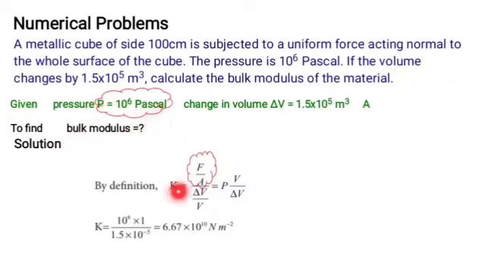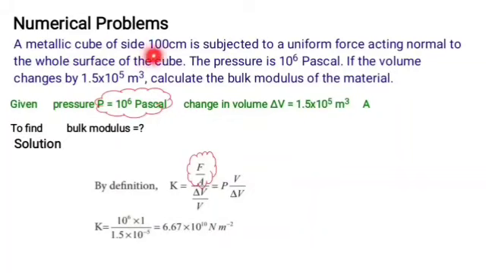Bulk modulus K is given by force per unit area divided by change in volume to the original volume. Force per unit area is nothing but pressure, that multiplied by V upon delta V, where V is the volume and delta V is the change in volume. Pressure is given as 10 to power 6 Pascal multiplied by the volume.